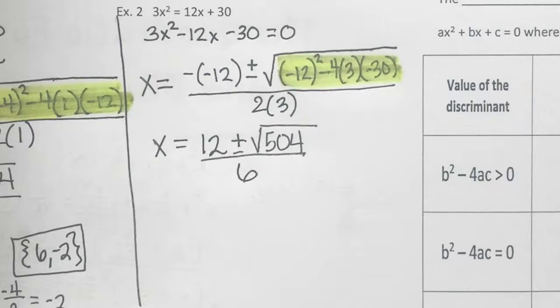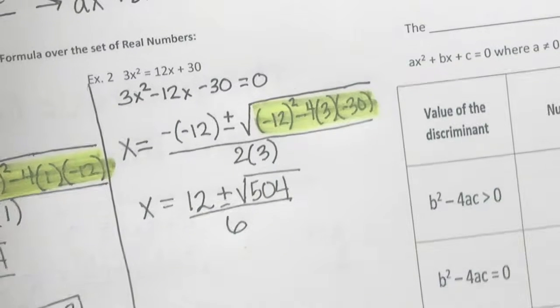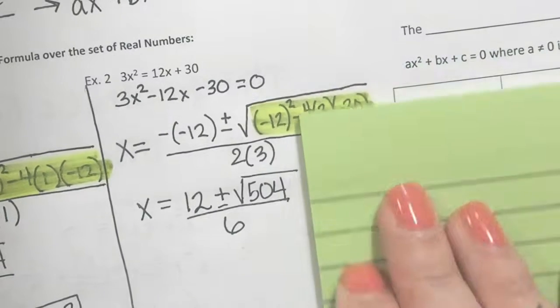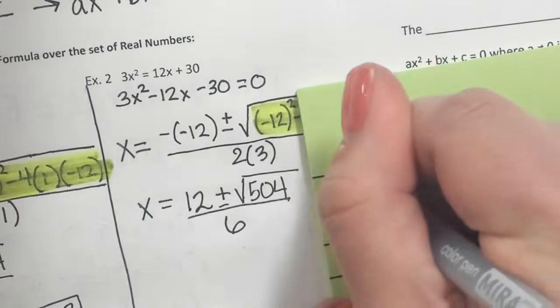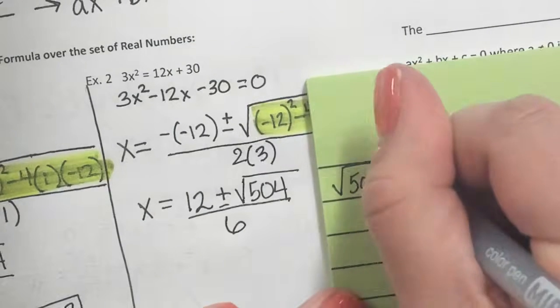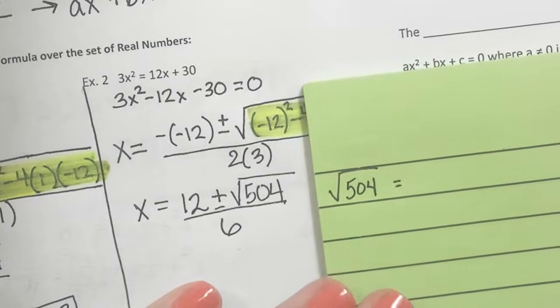Okay, so that means we have to simplify it. All right. I don't want to write on this because I don't want to cloud this up. Okay. Is there a perfect square factor inside of 504? Most likely. 9?